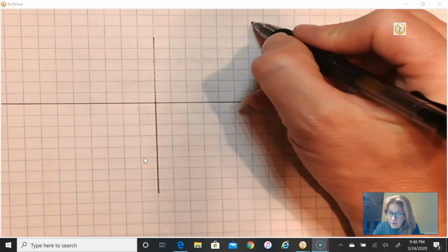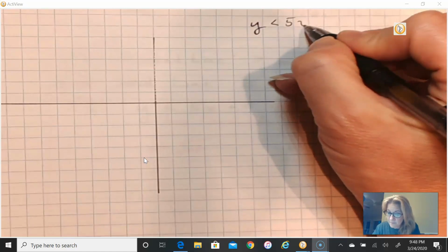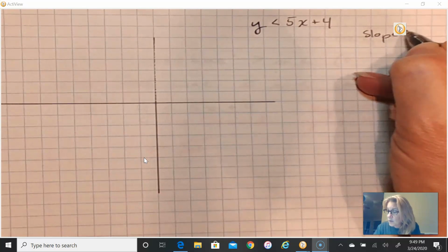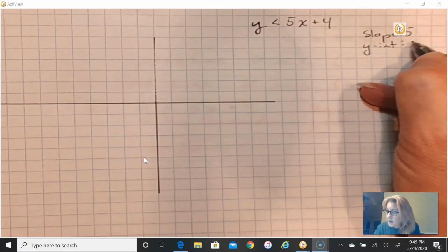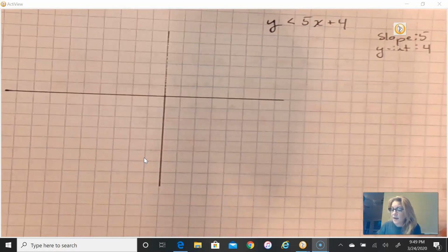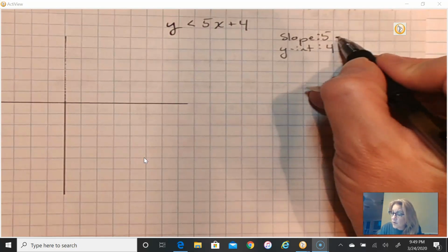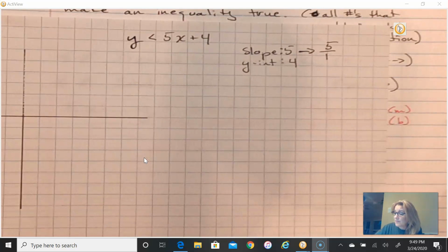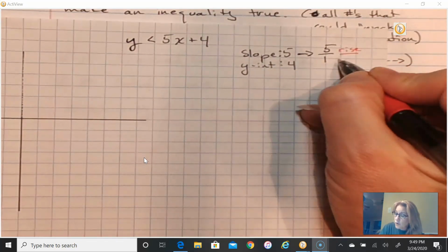Okay, the formula or the equation was this. And I said that the slope was 5 and the y-intercept is 4. Now, when we have a solid number like 5, remember we want to put a 1 underneath it because of the rise over run.